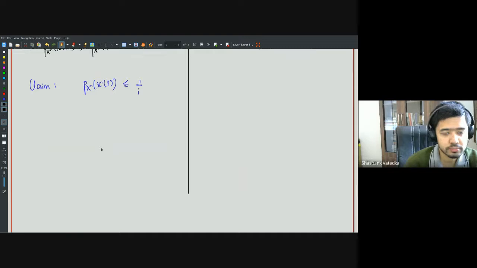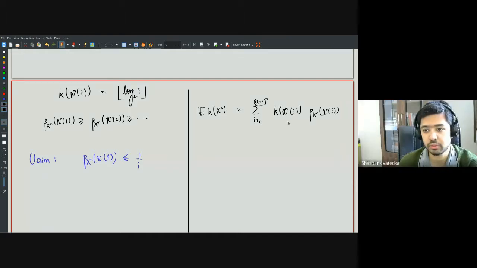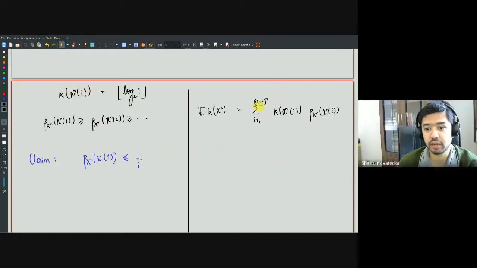Sir, in the summation, this limit is just a plus 1? No, the size of the alphabet is a plus 1, right? But the total number of source sequences is a plus 1 to the n, right?